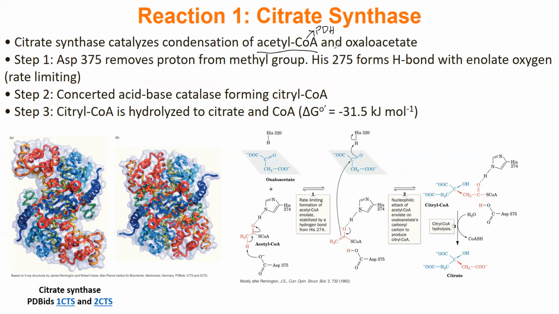And we're going to combine that with oxaloacetate, which is actually the last step of the citric acid cycle. The last step of the citric acid cycle, we make oxaloacetate. In the first step, we just combined a 2-carbon compound with a 4-carbon compound to make our 6-carbon citrate.